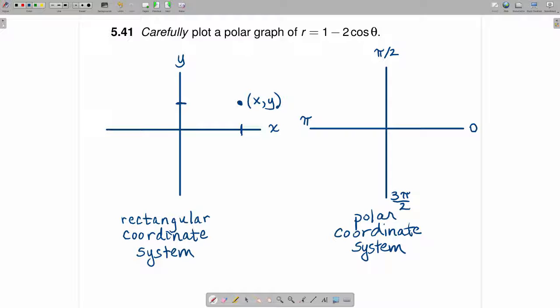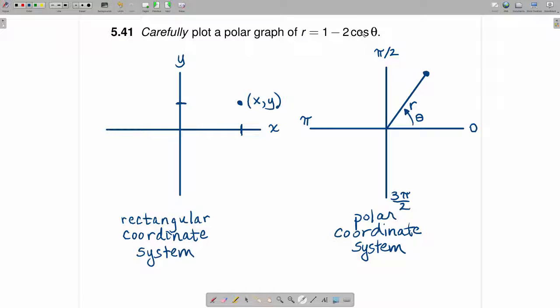So for example, if you want to define the point that is out here, then that point using the polar coordinate system will have a distance r from the origin, this length right here, and it will also have an angle theta measured counterclockwise from the horizontal axis. So that's to get you ready for thinking about how to do a polar graph.